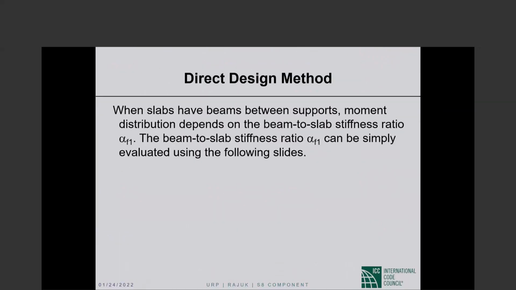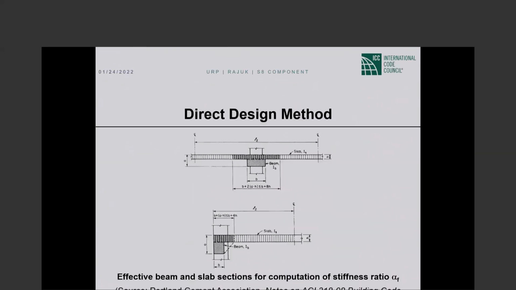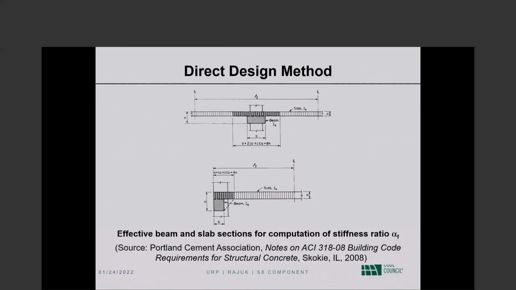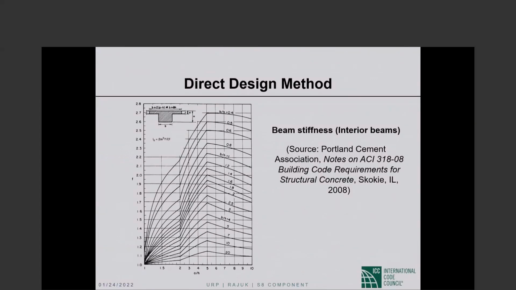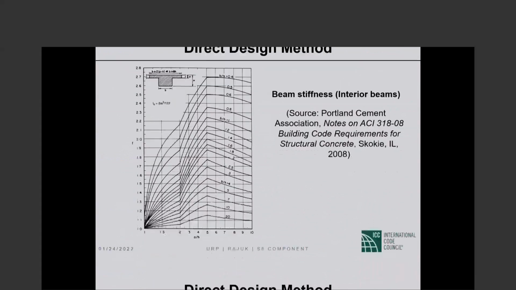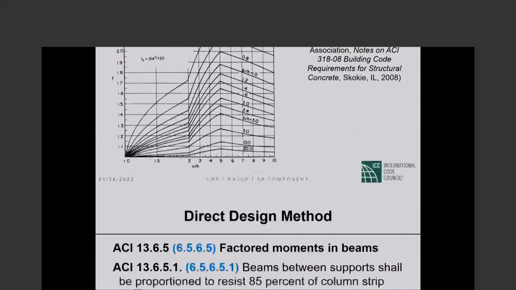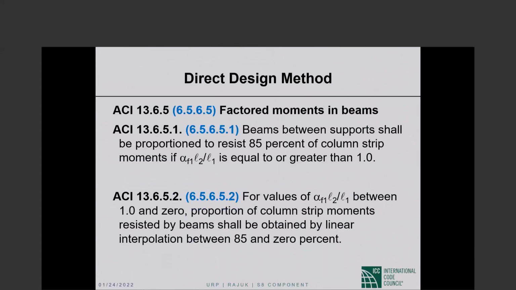When slabs have beams between supports, moment distribution depends on the beam to slab stiffness ratio alpha sub F1. This is a repeat again, the beam to slab stiffness ratio, and these charts were devised to make it easier to calculate it.